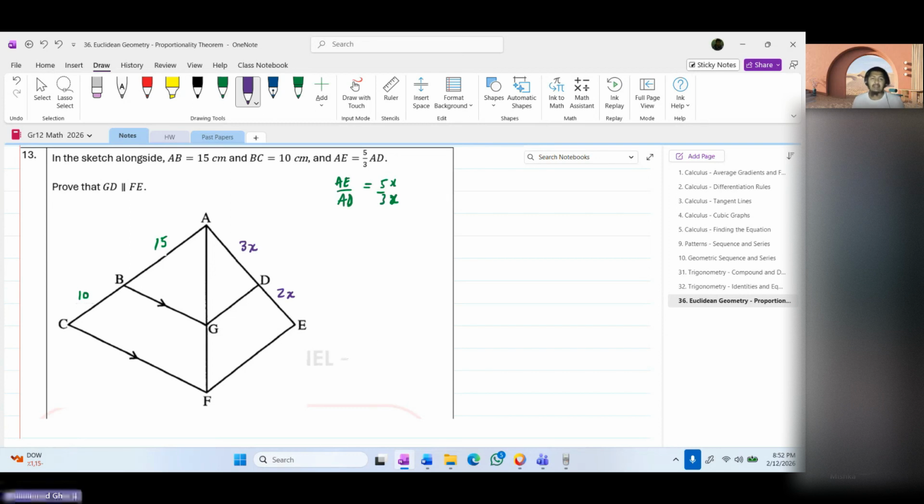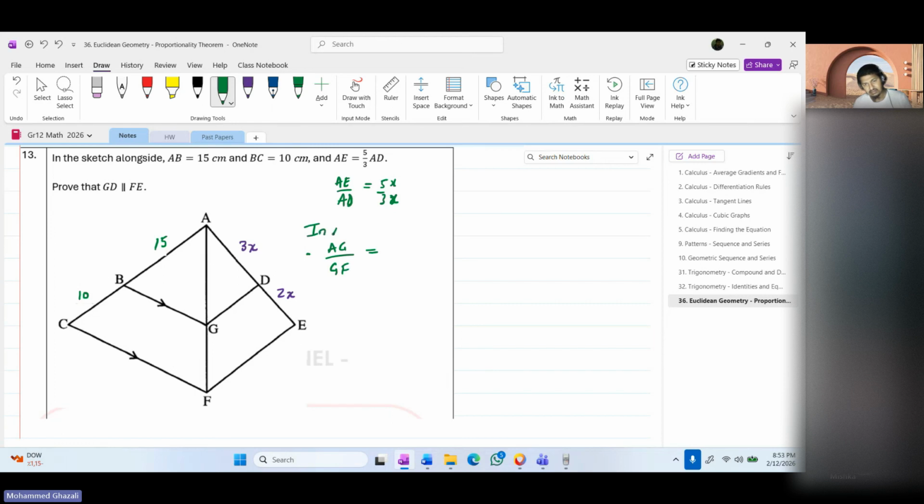Now, because this side is already parallel, we want to prove that GD is parallel to FE. So what we can say is AG over GF. We are choosing this triangle, triangle ACF.